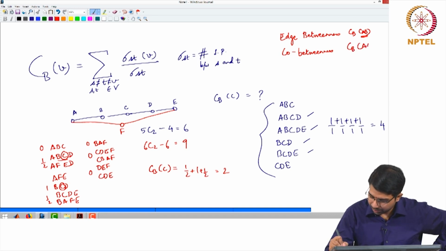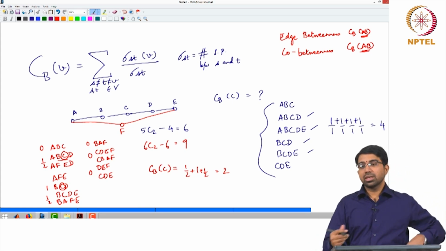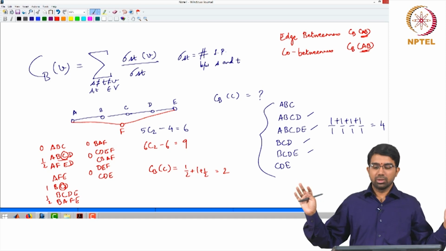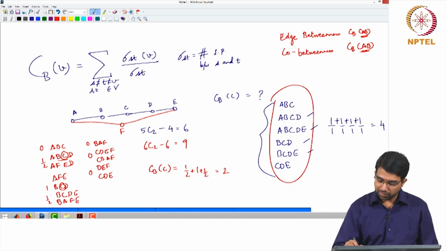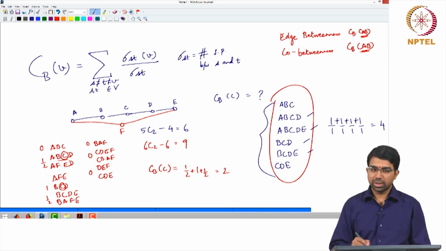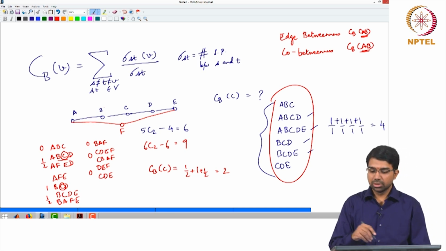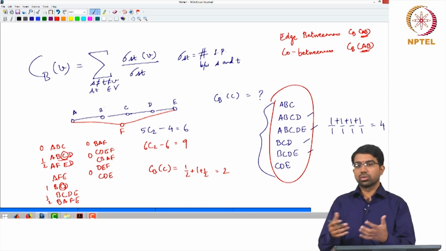Here, AB need not have an edge between them, right. How many times are paths passing through A and B in the network? So you take a list of shortest paths like this and you just count how many of them pass through A and C, something like that. AC does not have an edge as far as this network is concerned, right. So this tells you some sort of relative importance of two nodes.